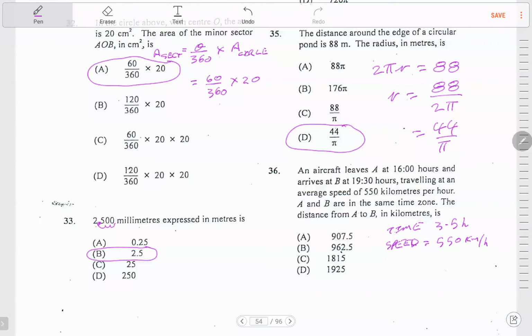You want the distance, you multiply them. So the distance equals the speed times the time, which is 550 times 3.5. I worked it out. And the answer was 1925. So let's not waste time on it again.